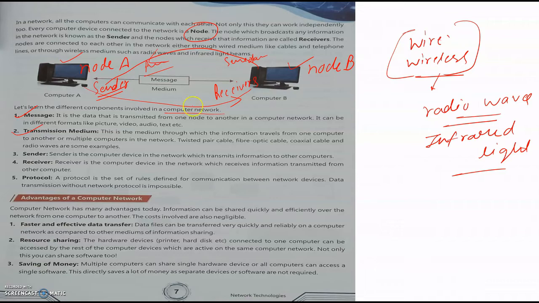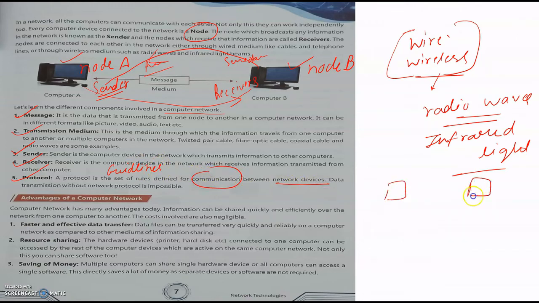Third point is the sender, who sent the message. The fourth is the receiver, who received the message. Fifth point, protocol. Protocol means a set of rules or guidelines for communication between the network devices.